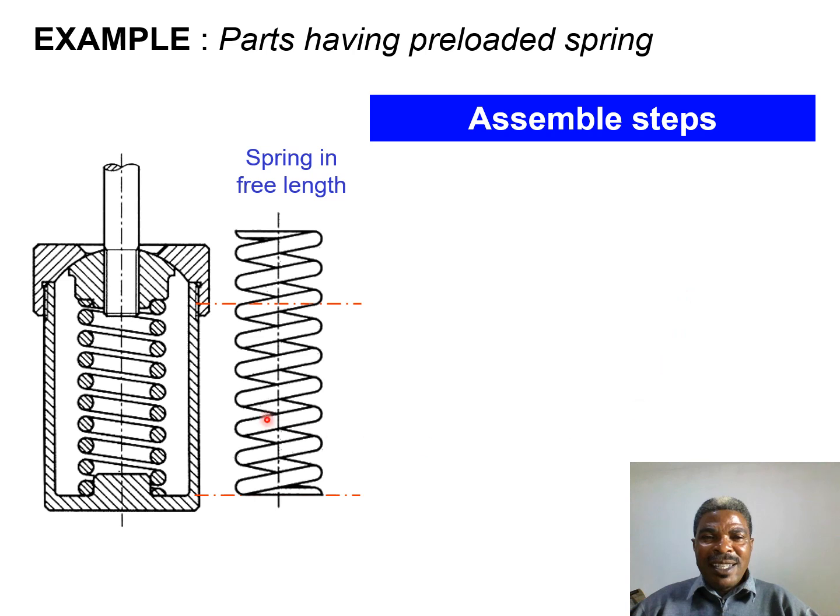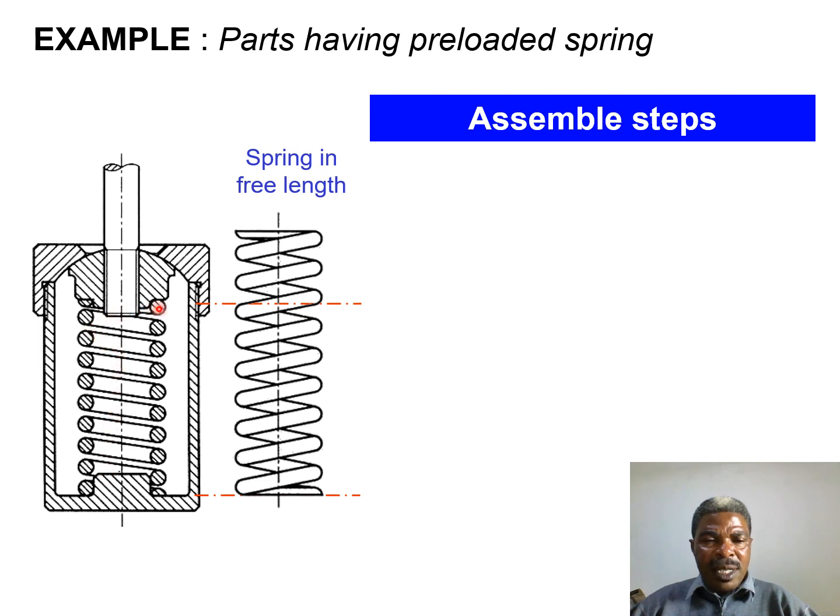Assembling steps to be followed. As you can see, this is the spring in its free length before being inserted into the given place for its functioning. How are you going to insert it here?